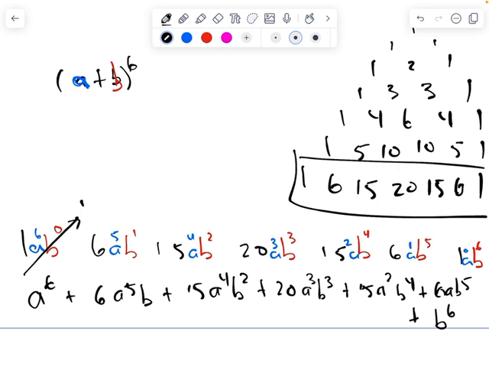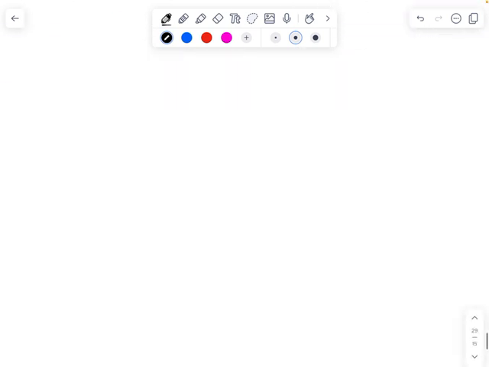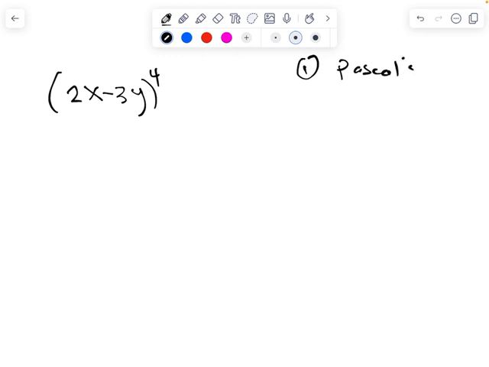Okay, so now how do we use that to solve something like this? Let's say we have (2x minus 3y) to the 4th. Let's go through some steps here. Step number 1, use Pascal's triangle to get the coefficients. So using Pascal's triangle, we got 1, 1, 1, 1, 2, 1, 1, 3, 3, 1, 1, 4, 6, 4, 1.